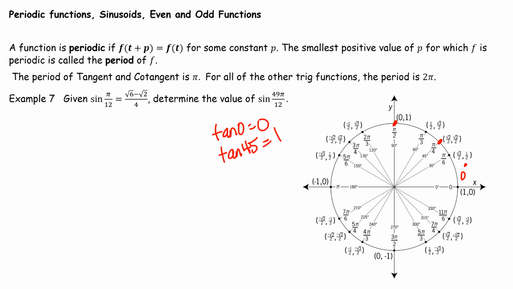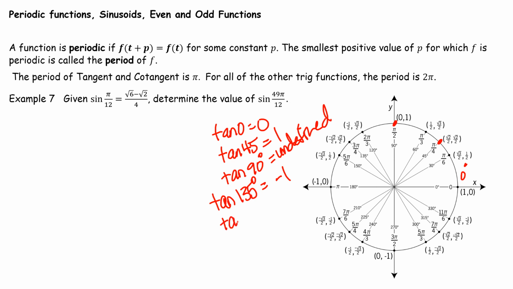And when you get up to pi over 2, or 90 degrees, tangent 90 degrees is undefined because you have 1 over 0. Then you go to 135, which is another 45-degree angle. So tangent of 135 is -1 because you've got square root of 2 over 2 divided by negative square root of 2 over 2. And once you get to 180 degrees, you're back to 0 again.